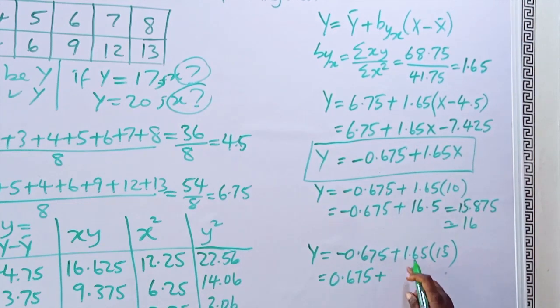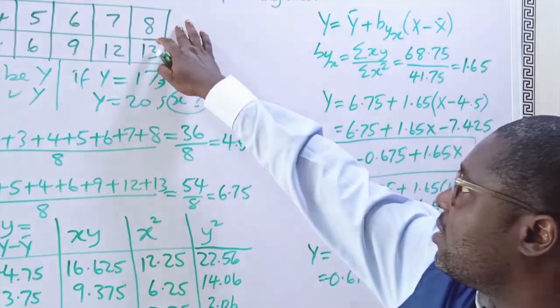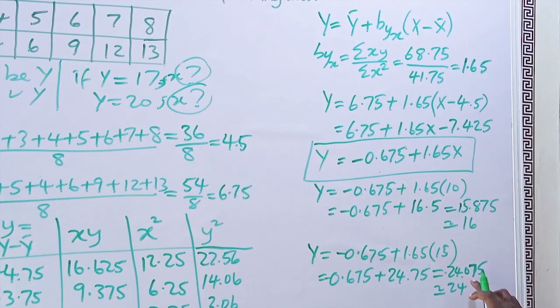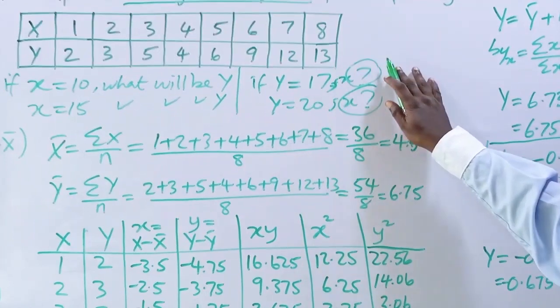That gives us 24.75 minus 0.675, which gives us 24.075, so approximately 24. So if we extend x to 15, then y is 24.